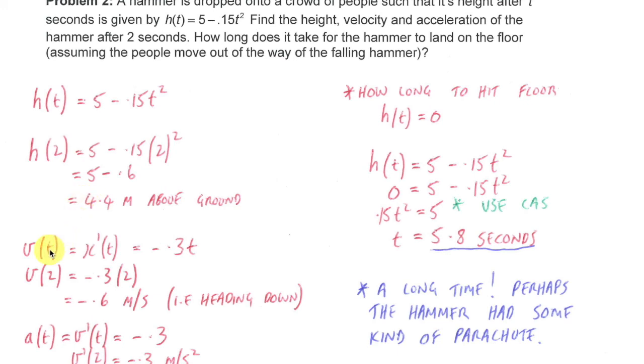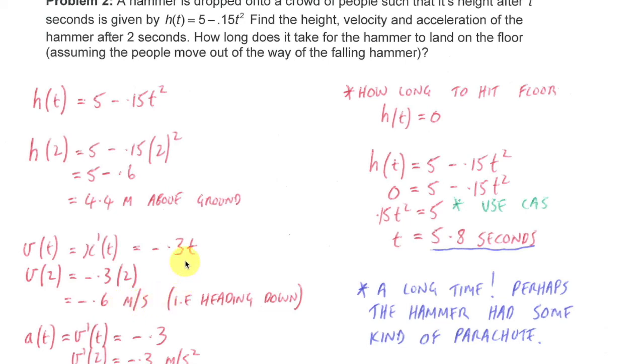What's its velocity going to be? Well, let's work out a velocity function. So v of t for velocity is going to equal the derivative of the displacement function. Now the displacement function is the same thing as the h of t function, the height function. So if we took the derivative of this, you could see that it's negative 0.3 t. We now substitute 2 into the velocity to get negative 0.6 meters per second.